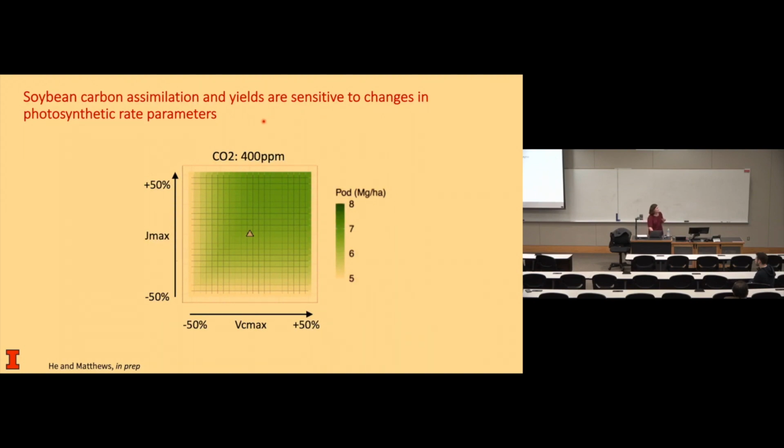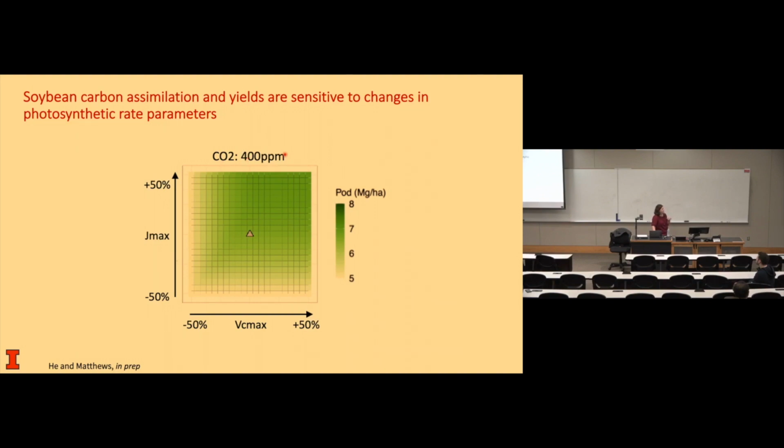Here we did a sensitivity analysis of the Vcmax and Jmax parameters in our model, looking at our control or wild type shown here in the center, and increasing and decreasing both to plus and minus 50% of the control values of those parameters.